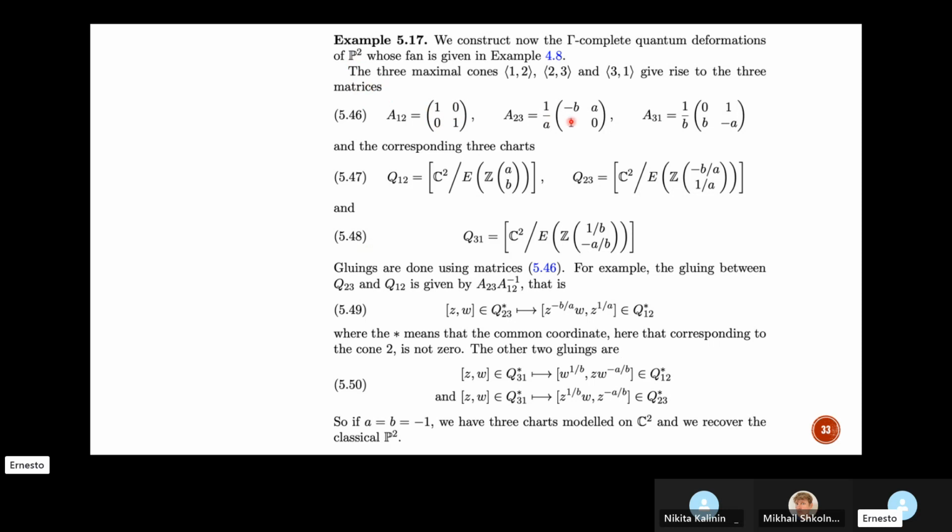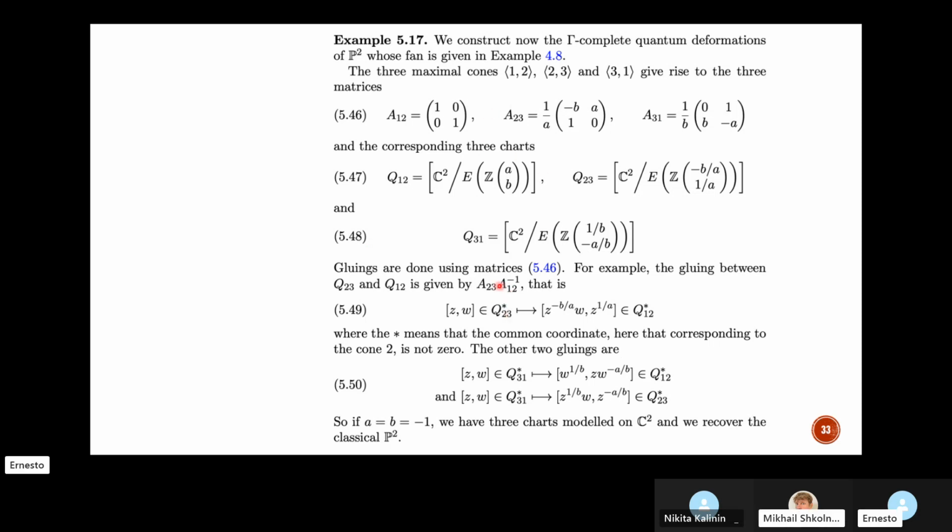And so here are the matrices that change one fan to the other. And here are the charts. If you take the zeros out of here, you get the quantum tori. You get 3 quantum tori. But these 3 quantum tori are 3 presentations of the same quantum torus that I write with a star.